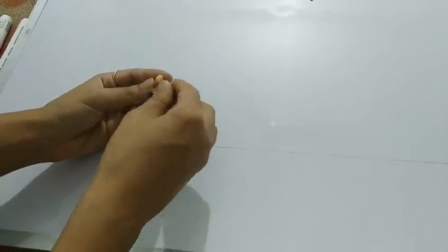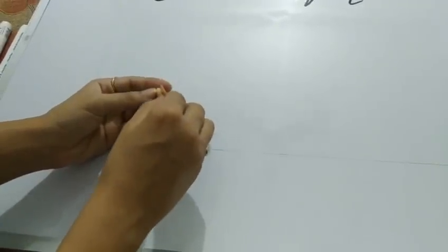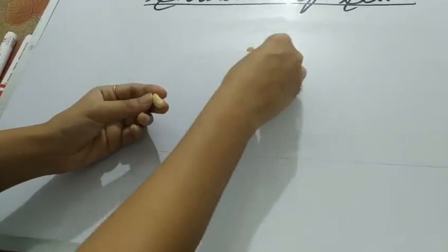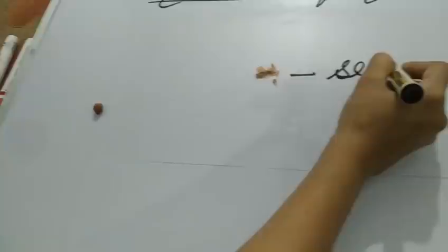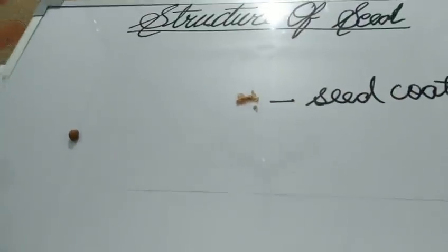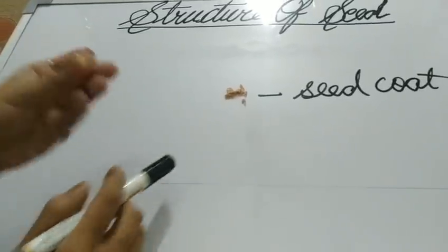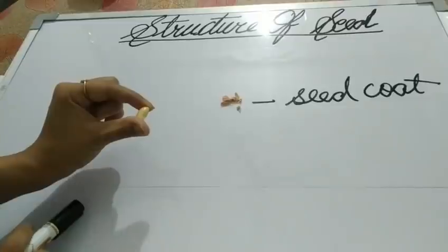This portion that you have over here is your seed coat, the outermost covering of your seed. And what is the function of a seed coat? It protects your seed, and protects the baby plant inside.